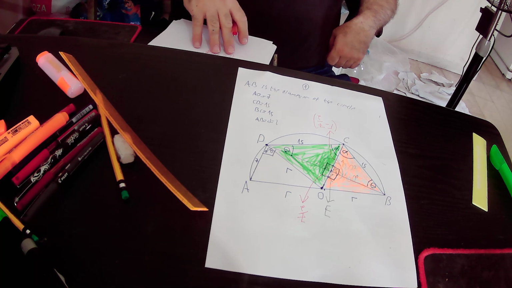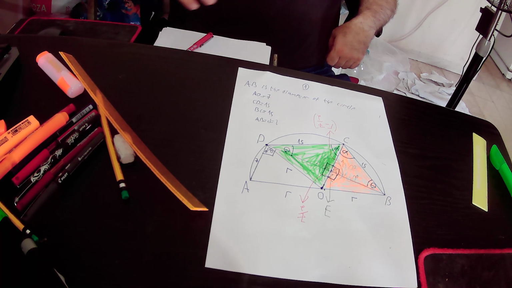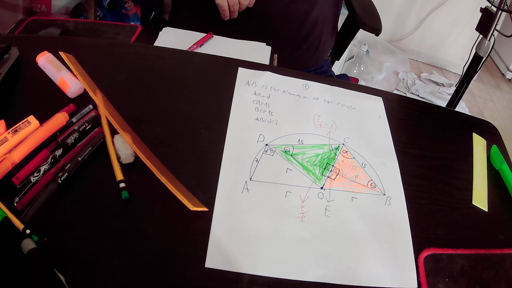The statement EB squared equals EB squared relates to two different right triangles.